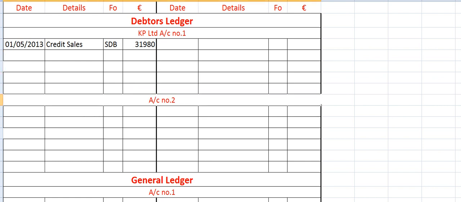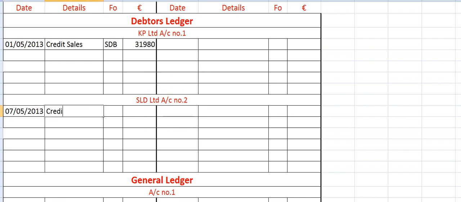And we're going to come down and we're going to open an SLD Limited account. Likewise, SLD is a debtor, so our credit sales to them is going to be entered on the debit side on the 7th of the 5th, 2013.